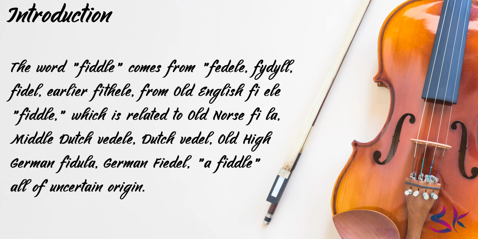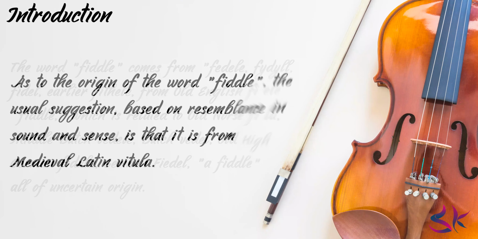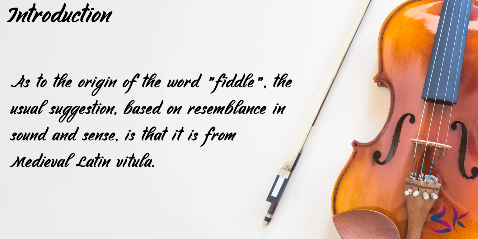The word fiddle comes from fedele, earlier fiddle, from Old English fithele, which is related to Old Norse fidla, Middle Dutch vedele, Old High German fidula, German Fiedel, a fiddle, all of uncertain origins. As to the origin of the word fiddle, the usual suggestion based on resemblance in sound and sense is that it is from the medieval Latin vitula.